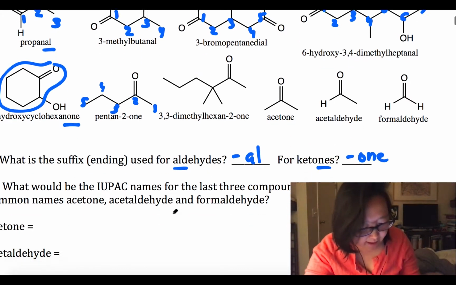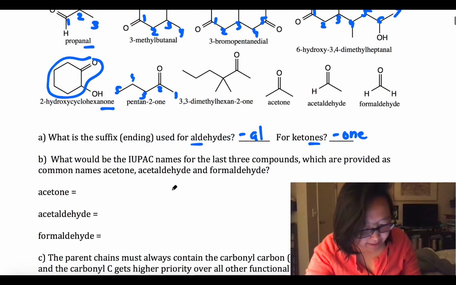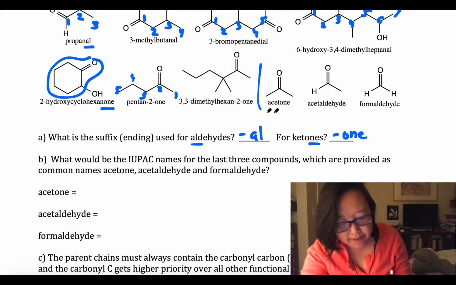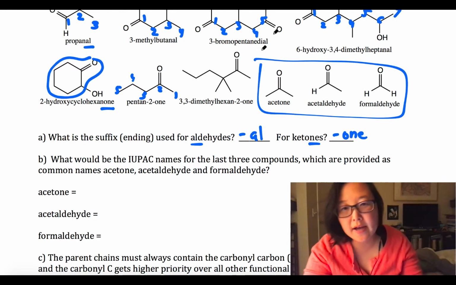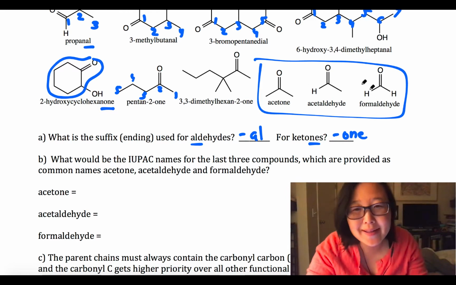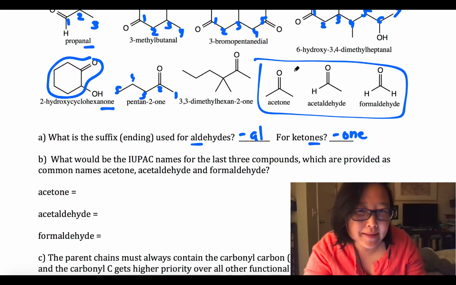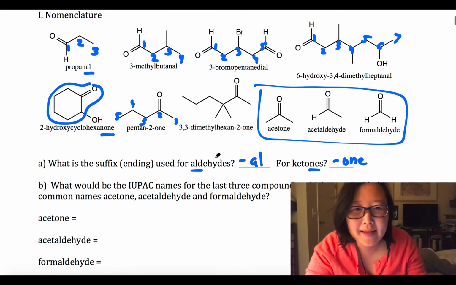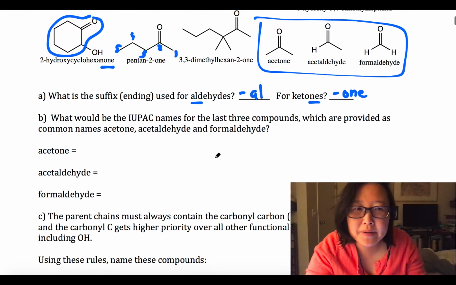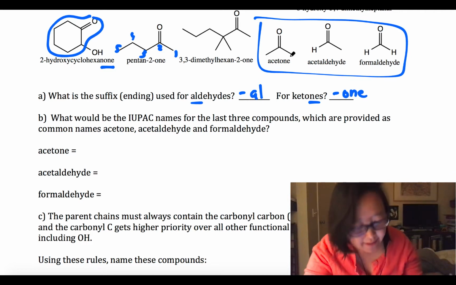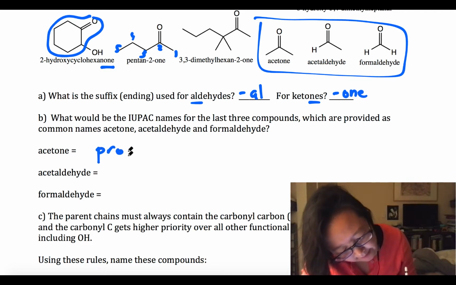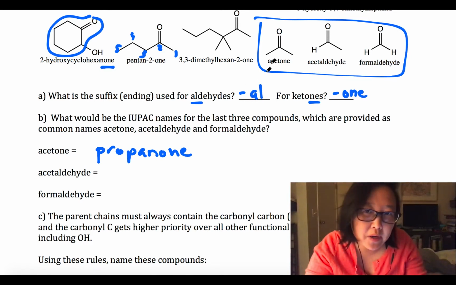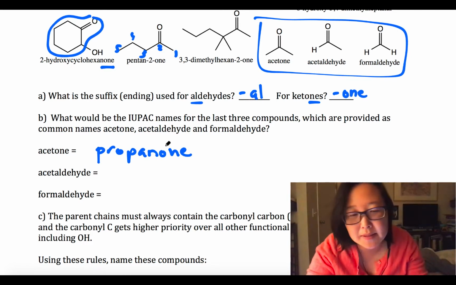Okay, now what would be the IUPAC names for these 3 compounds here? These are the common names which you should know, but how would we name them in the IUPAC system? So for acetone, we would call that a 3-chain ketone, so it would be 1, 2, 3. It would be propanone. You could say it's propan-2-one, but with ketones, it has to be in the middle. So propanone.